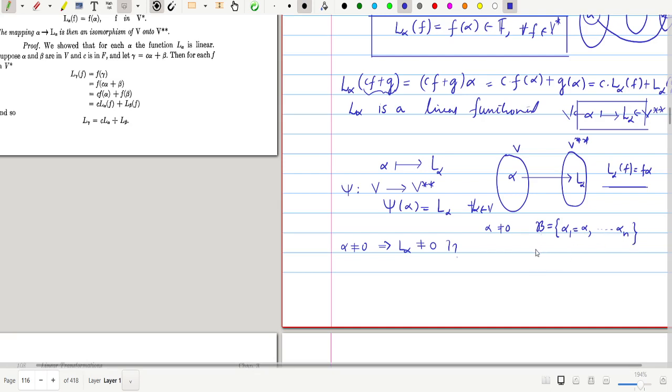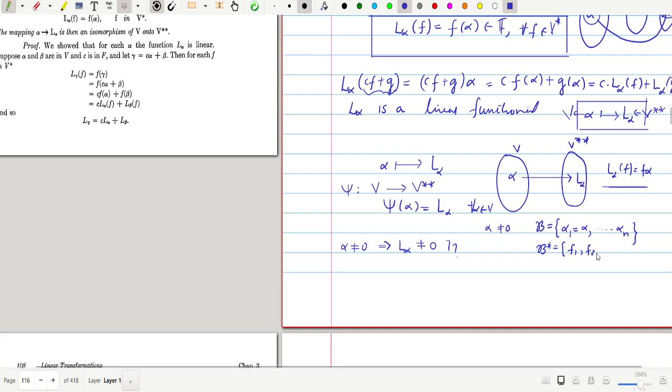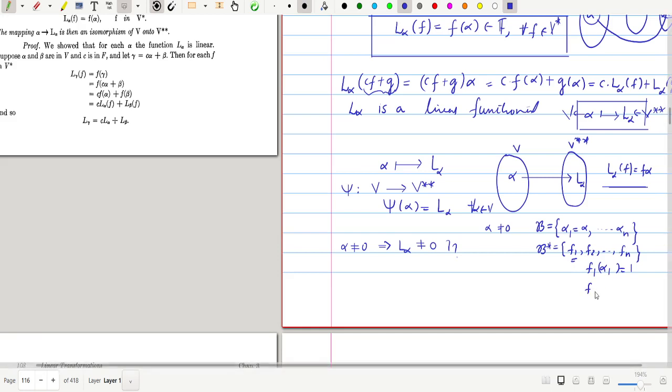Then corresponding to this basis of V, you can construct a dual basis of V star consisting of the vectors f1, f2, etc., fn, and I'll call this f1, defined as f1 of alpha 1 equal to 1. Okay, and f1 of any other element alpha 2, alpha 3, etc. are 0. Okay, and so on.